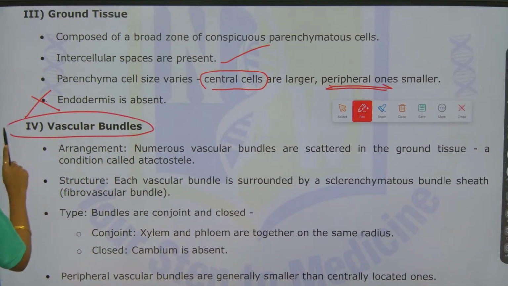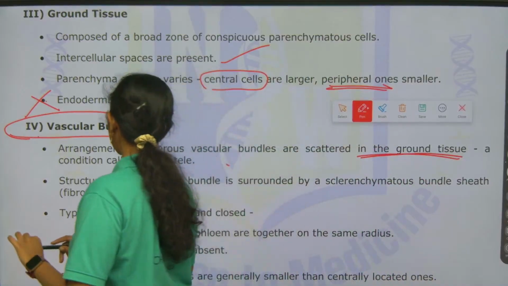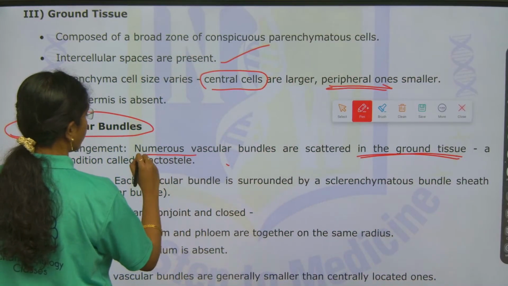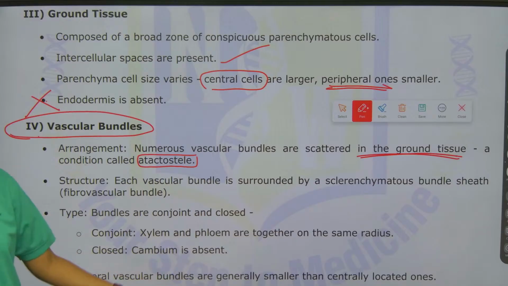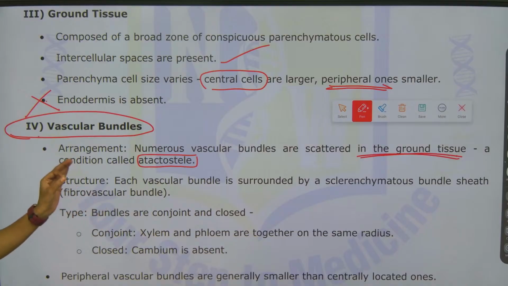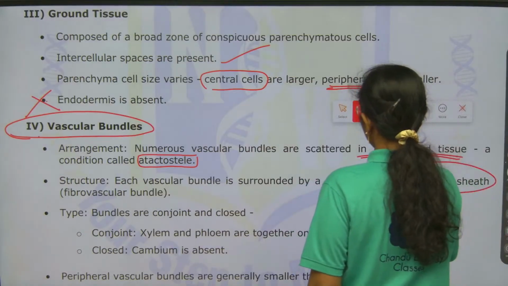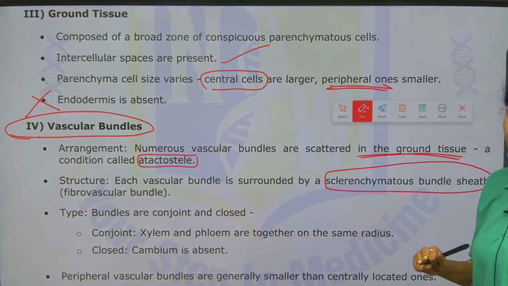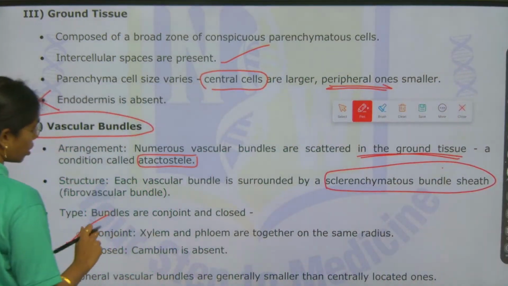Next is what? Vascular bundles. How are vascular bundles arranged? Numerous vascular bundles are scattered in the ground tissue completely, and this condition is called as what? Atactostele. Each vascular bundle is surrounded by sclerenchymatous bundle sheath, and the bundles are conjoined, closed.